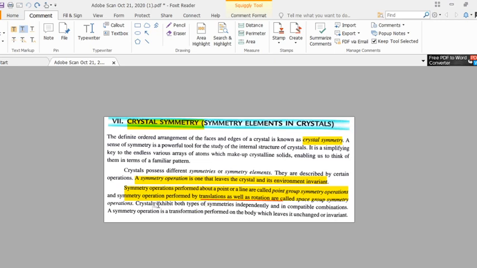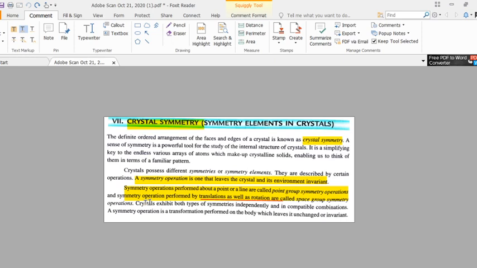And suppose you are adding a point operation along with a translation also. That means suppose you are giving some rotational phenomena as well as translation within your crystalline system. That means you are displacing from a point. Now you are not restricted to a point, but you are also moving within the crystal.